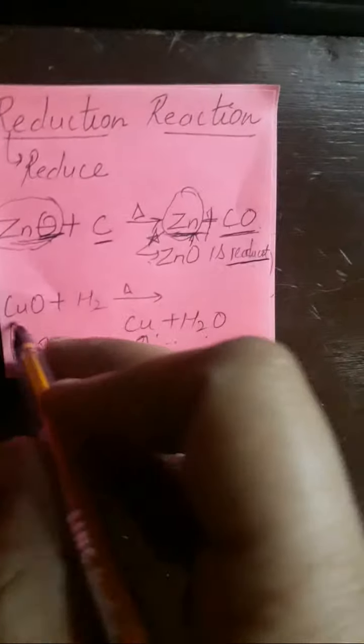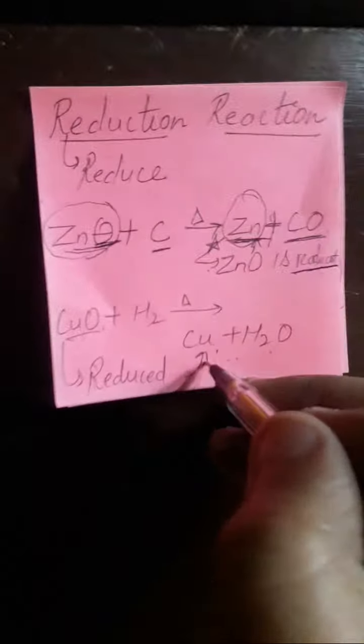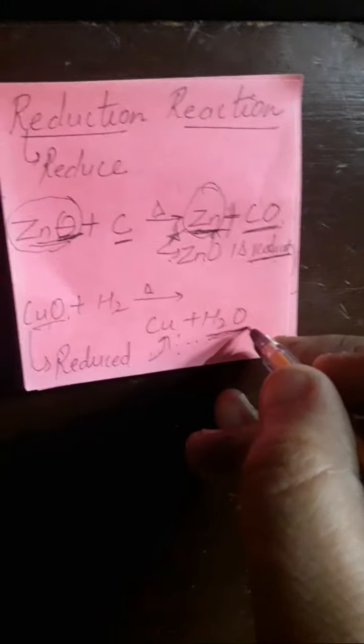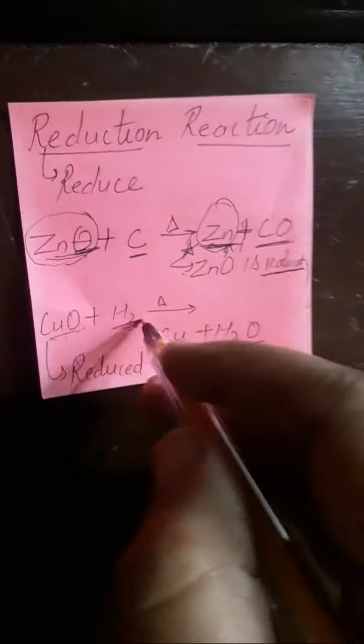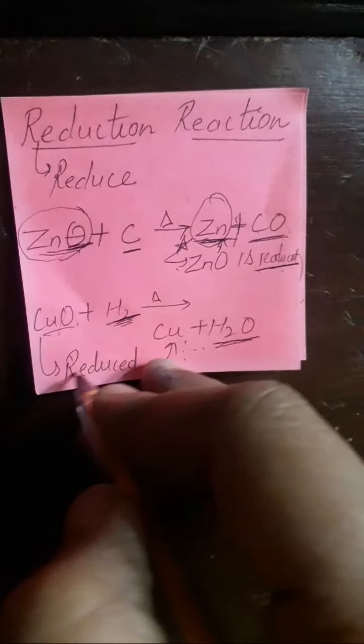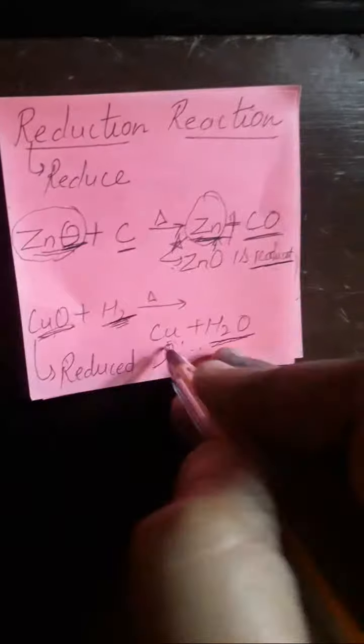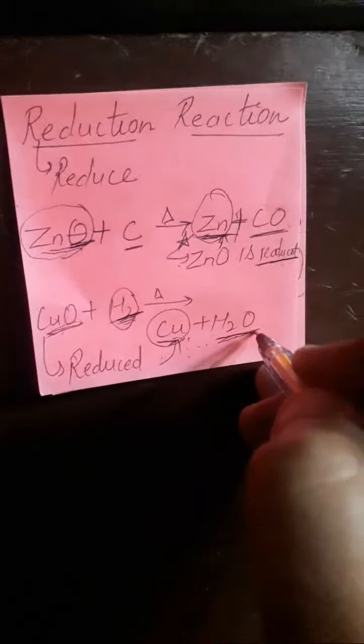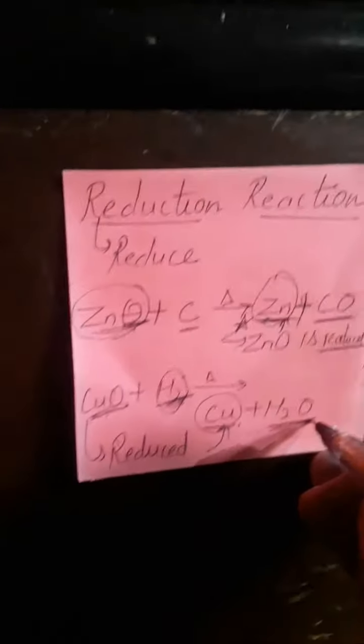So copper oxide is reduced to form copper, and hydrogen is oxidized, because hydrogen gets the oxygen. So some reactions are there in which both reduction and oxidation happen, and those are called redox reactions.